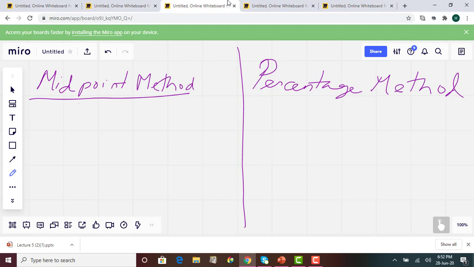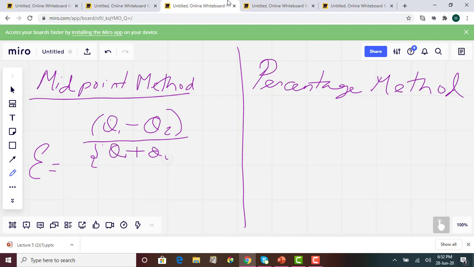Okay, so for the midpoint method, the coefficient, which we represent by E, is given by Q1, which is quantity demanded at point 1, minus Q2, divided by Q1 plus Q2 divided by 2.